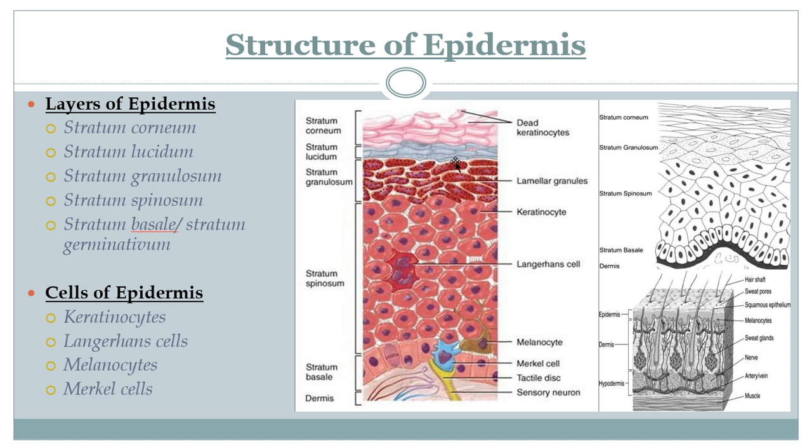The third layer is known as stratum granulosum or granular layer. This is a thin layer of cells in the epidermis. Keratinocytes migrating from the underlying stratum spinosum become known as granular cells in this layer.